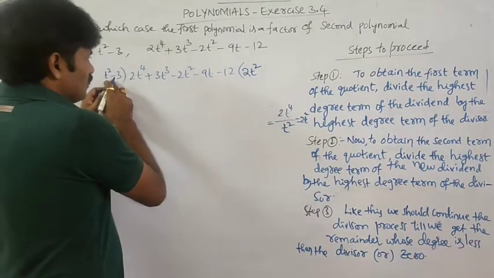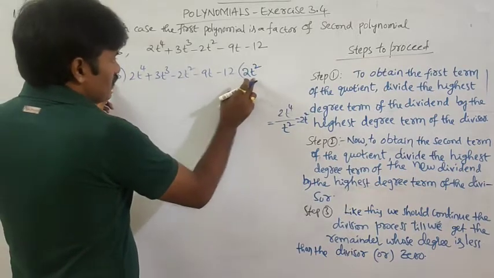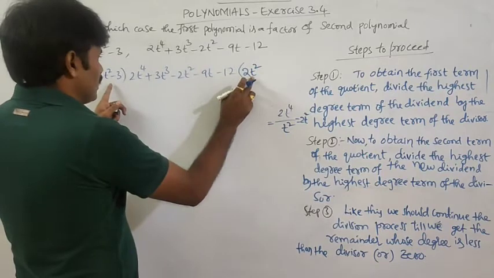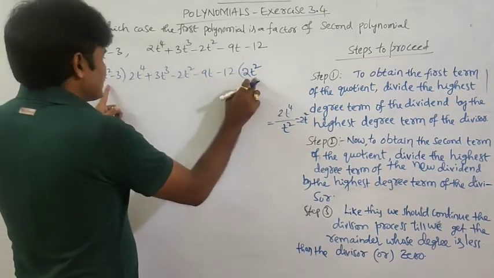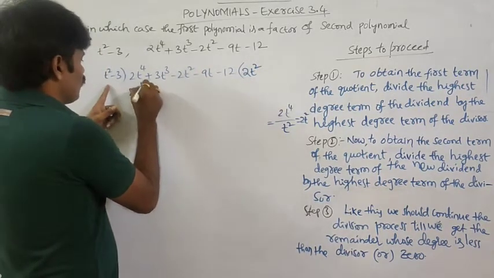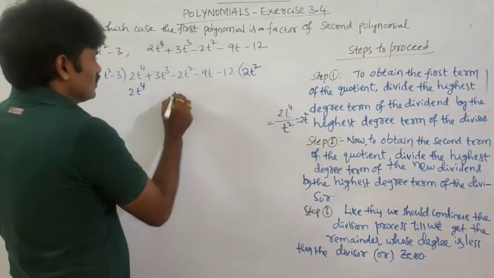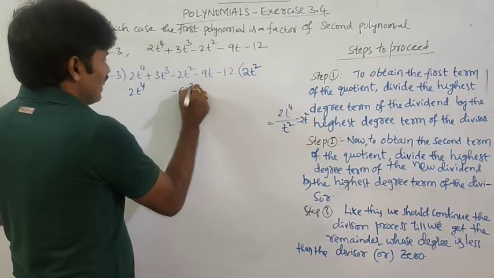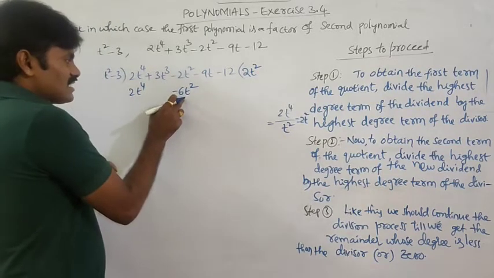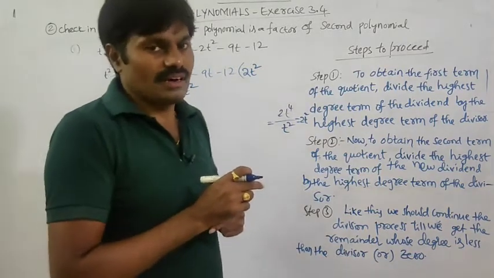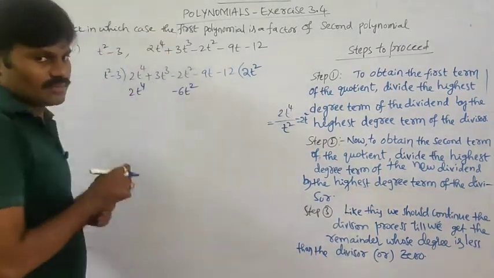Now multiply t square minus 3 by 2t square. According to the distributive property, it becomes t square into 2t square, 2t power 4, minus 3 into 2t square, minus 6t square.